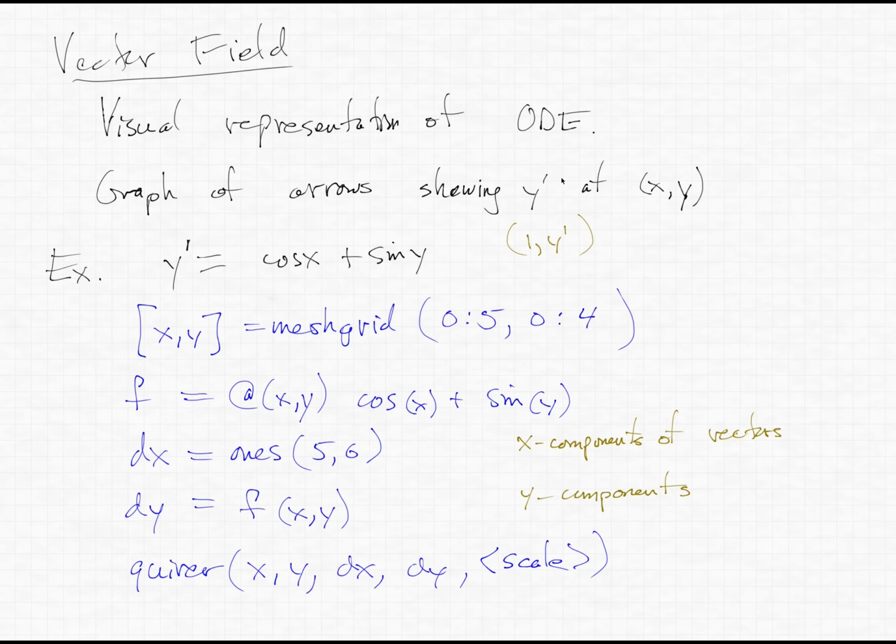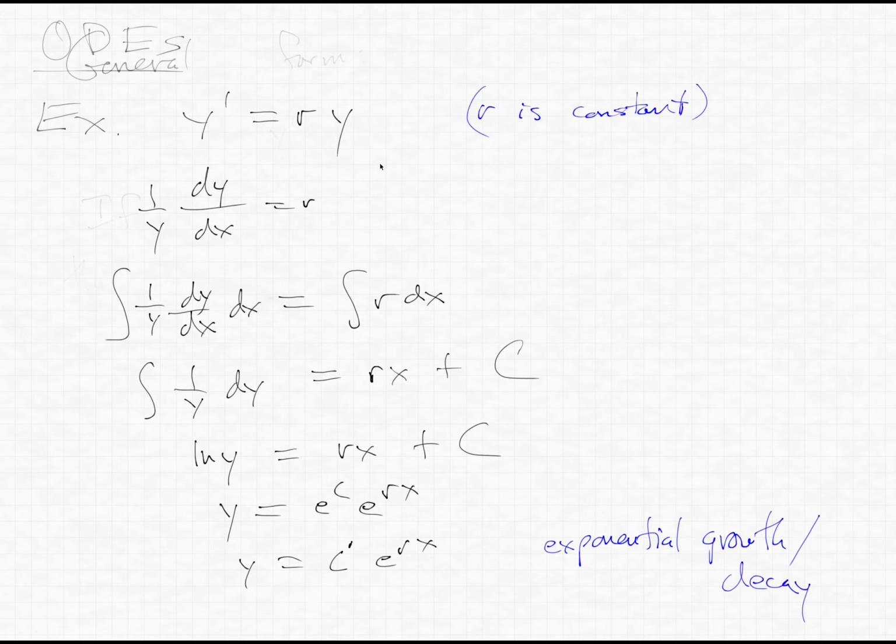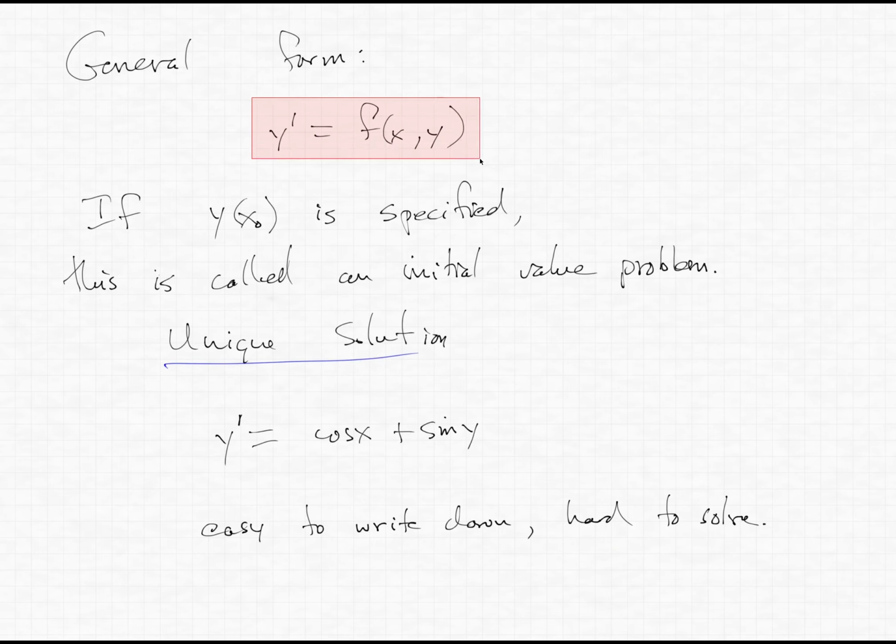So before I get into the details of solving ODEs numerically, I'd like to show you a nice way of representing ODEs visually that gives you a lot of insight into what the solution would be. Recall that these ODEs that we're looking at are of this form.